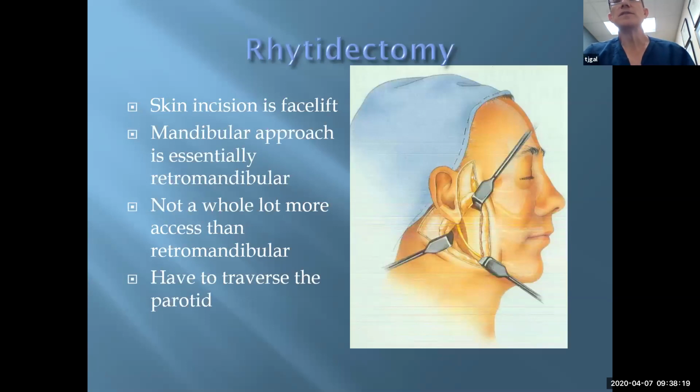The skin is a facelift incision, and from there, basically, it's a retromandibular approach. They're going straight between the branches of the facial nerve. I get nervous doing that. It's basically a theoretically, aesthetically more pleasing retromandibular incision, but the access isn't a whole lot better than the retromandibular approach, and you just got to cut straight through the parotid.